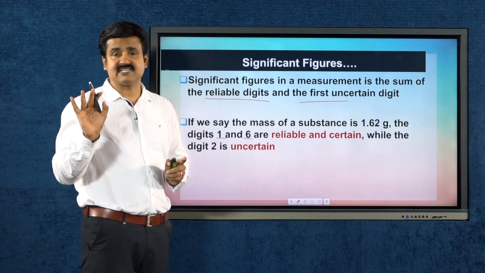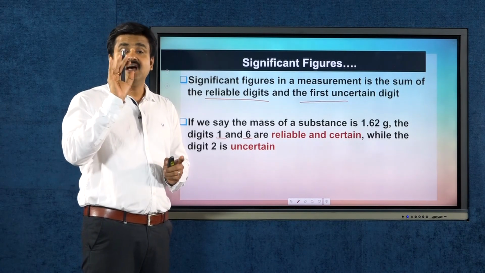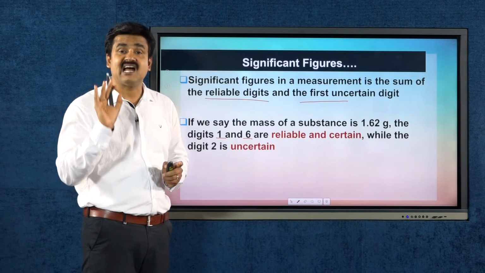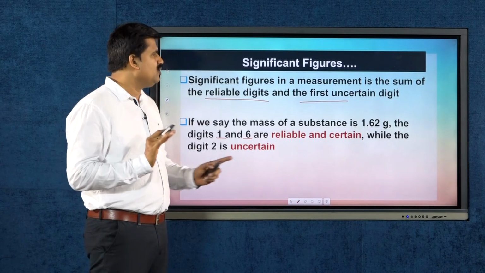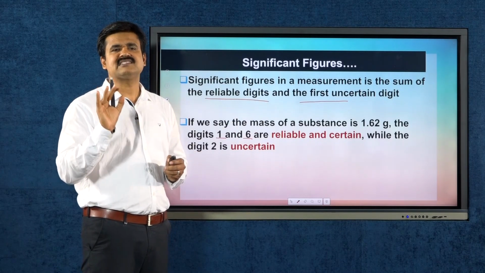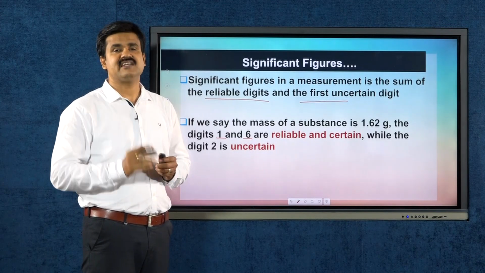There is no uncertainty with the first two digits. However, the last number of a measurement is always uncertain. So, in 1.62, the last number 2 is known as the uncertain digit.